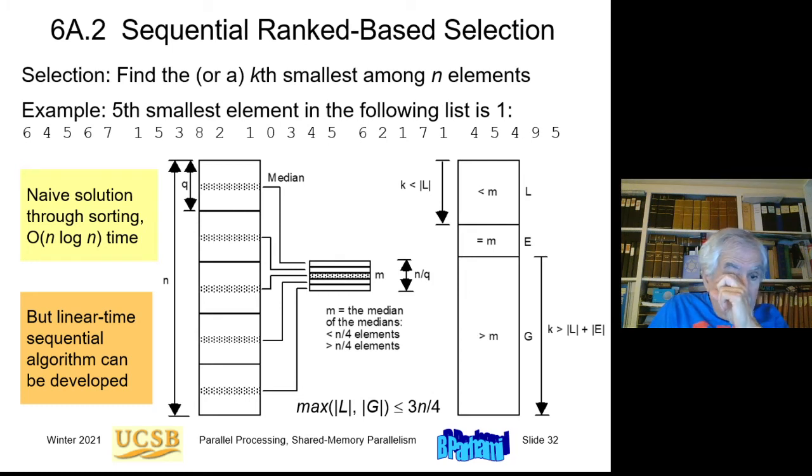So constant time for each of these lists, and therefore the order of time needed for finding all these medians is n over q. There are n over q such sublists, for each of which we spend a constant amount of time to find its median. So far it's order n over q time.